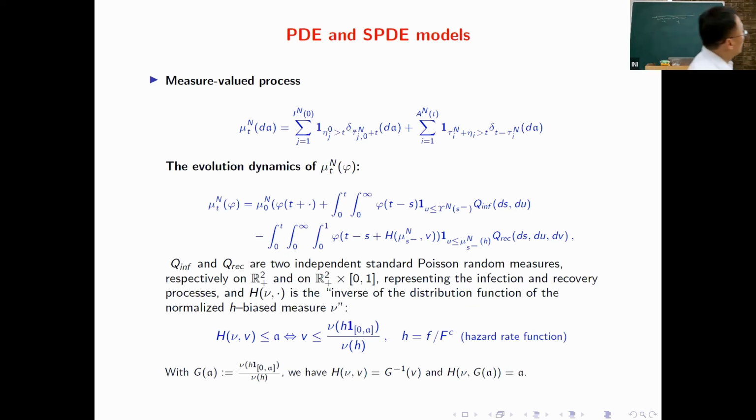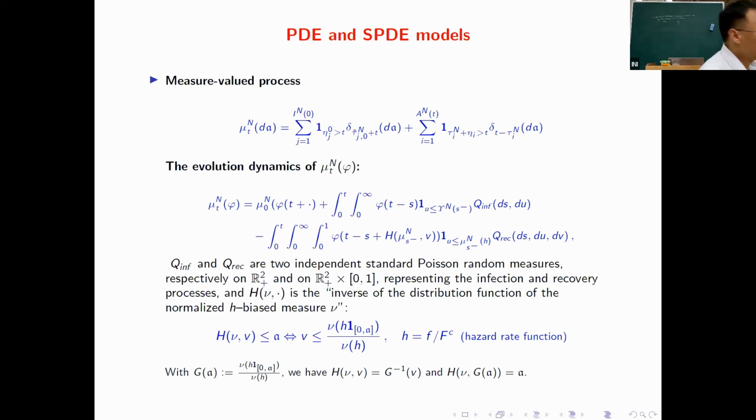This is the original measure valued process. In the evolution dynamics, we use 2 Poisson measures. This one is for infection, just describing the infection process, nothing really mysterious. But the second term is tricky. The first term describes the evolution of ages for initially infected individuals, and this term is the recovery process.